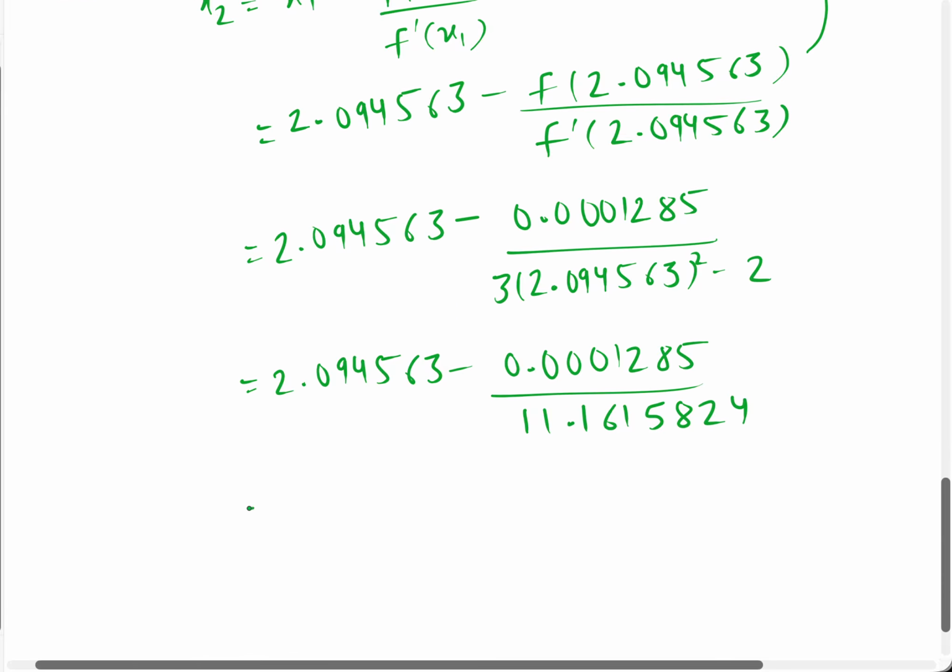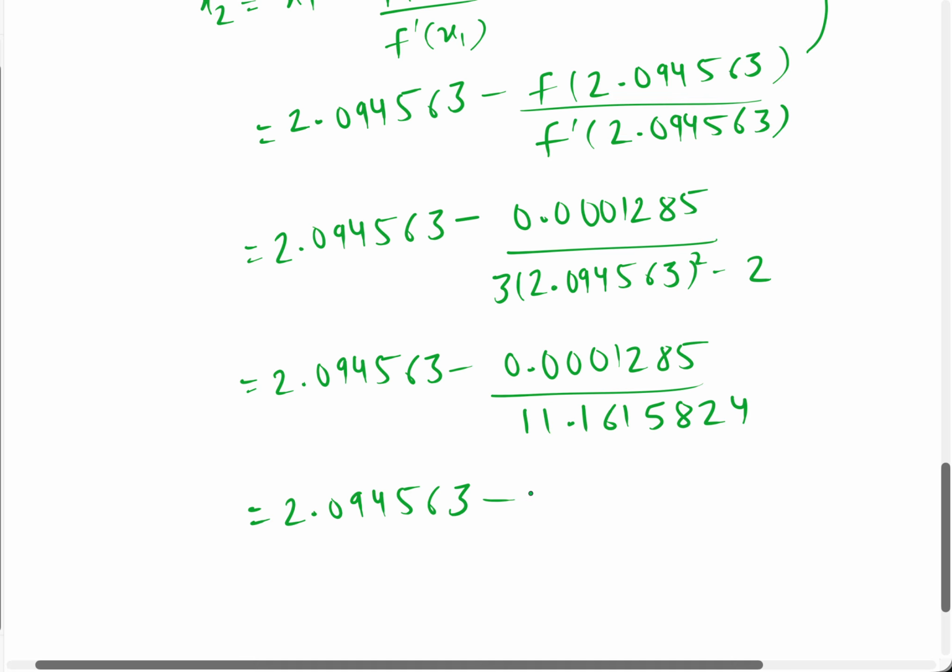So this will be 2.094563 minus 0.0001285 divided by 11.1615824.